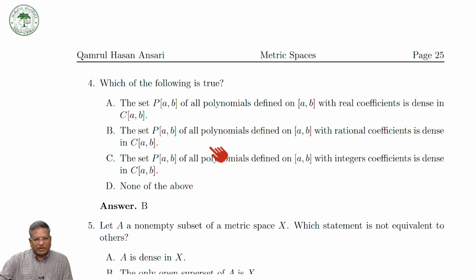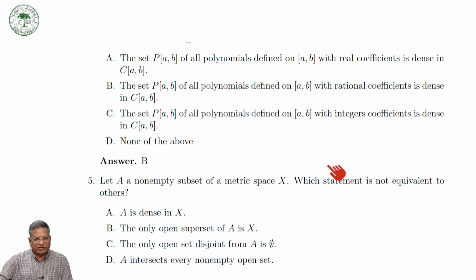Okay, if it is countable dense, then of course this is dense. With rational coefficients, this is a dense set, and with real coefficients it may not be countable, but here it is countable. So this statement is true, but it is better if you write that it is a countable dense set.